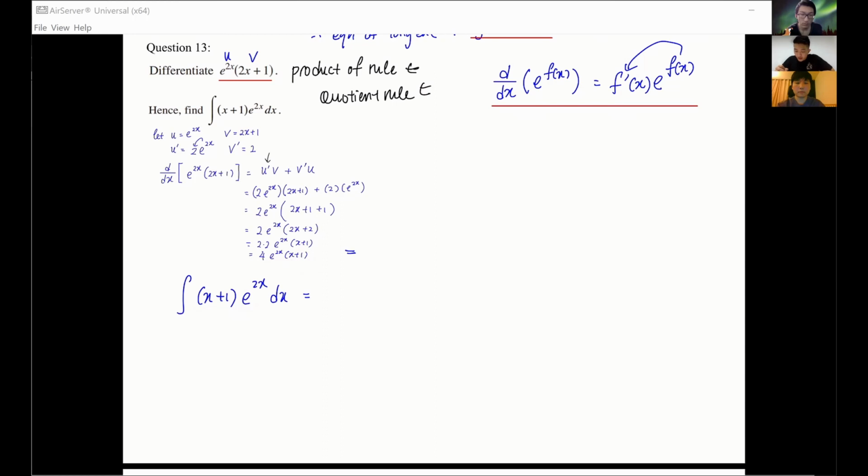So we know that, let me rewrite. It's 4e to the 2x, (x plus 1). So we want this one. So let's rearrange, bring this to the other side. So e to the 2x, (x plus 1) equals to a quarter of the whole differentiation.